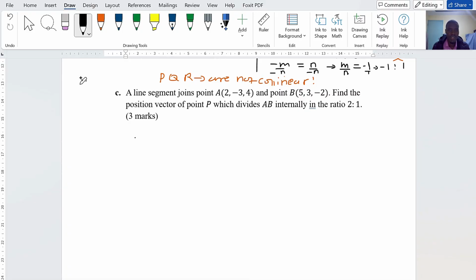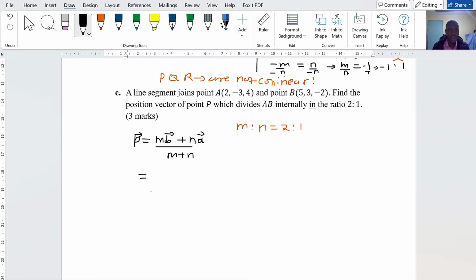So that is internal division. We want vector P, which will be M times vector B plus N times vector A, and this divided by M plus N. Now, remember from our ratio, M to N is 2 to 1.